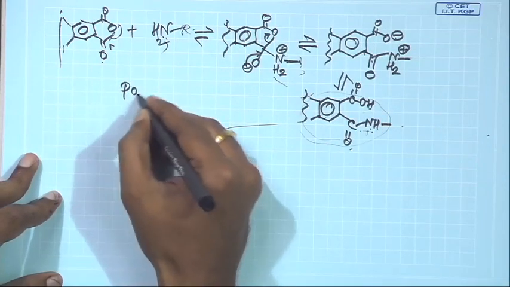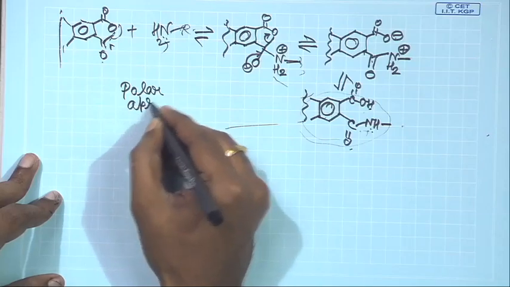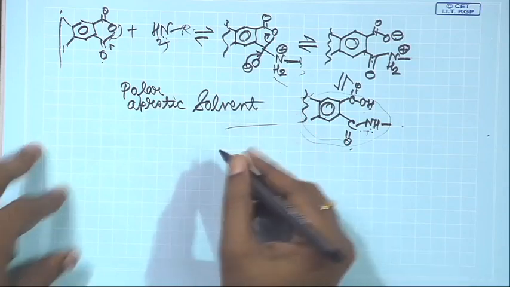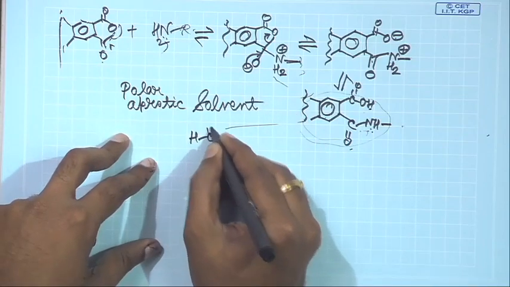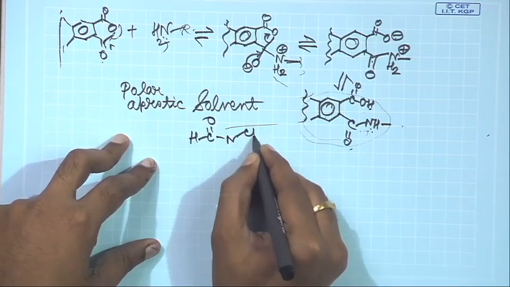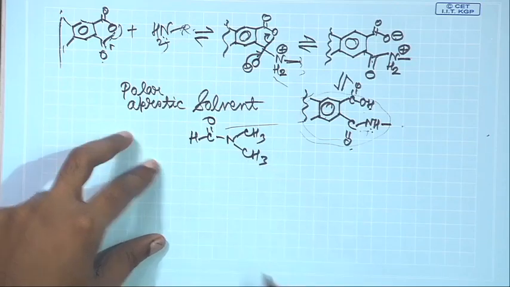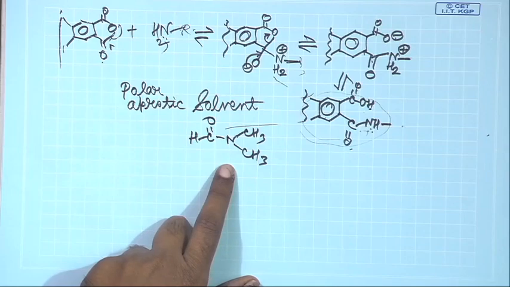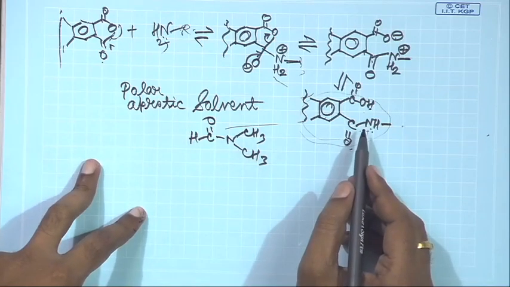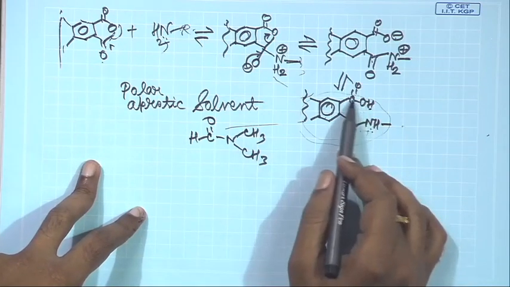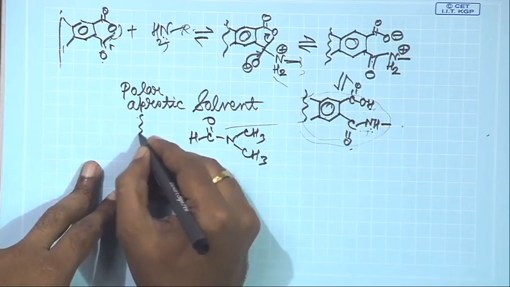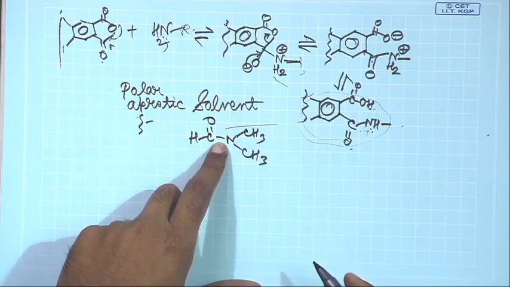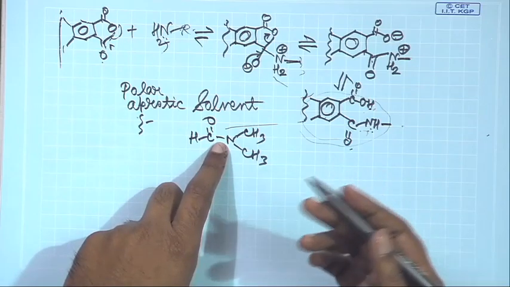You use a polar aprotic solvent. Now, polar aprotic solvents, say you are using dimethyl formamide. Now, this polar aprotic solvent, they can form strongly hydrogen bonded complexes with this free carboxyl group.